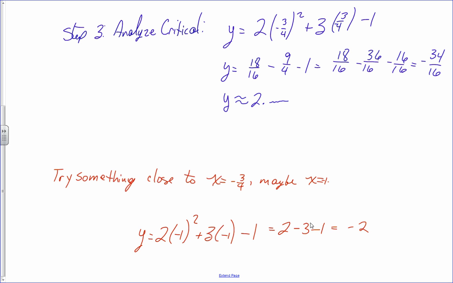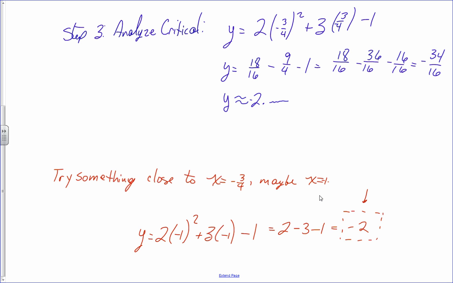That gives us negative 2. So, when we plugged in negative 1, it should have been negative, because y is approximately negative 2 something. I didn't feel like dividing that out.